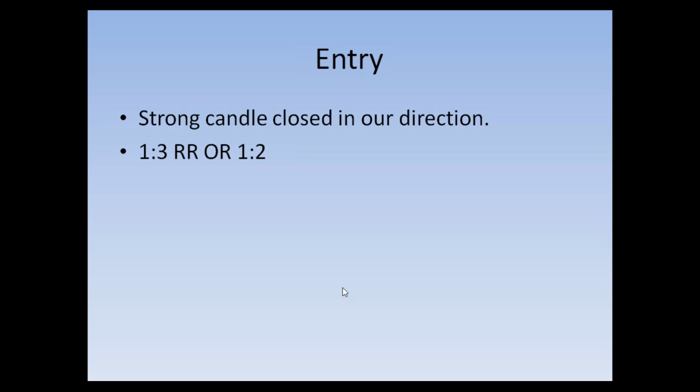In a downtrend, it should be a bearish candle. And the risk reward will be 1:2 or 1:3. That depends upon the stop loss range. If it is too big, we'll go for 1:2 or we'll try to avoid that trade. Okay, if we are having an urge to do a trade, we'll take 1:2.